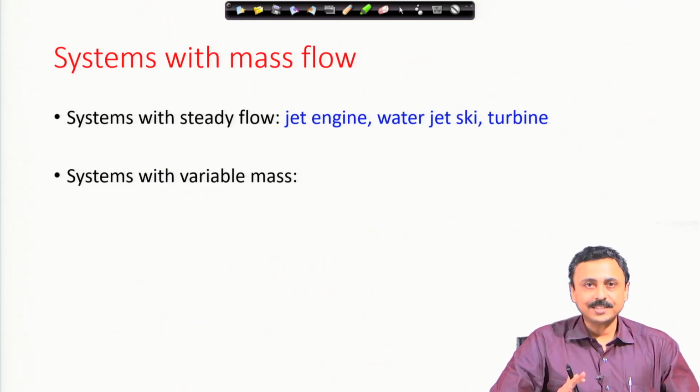Now, at steady state, this flow of mass and the flow of fuel, etc., these are steady. So, the flow rates are constant, and that represents a steady mass flow.